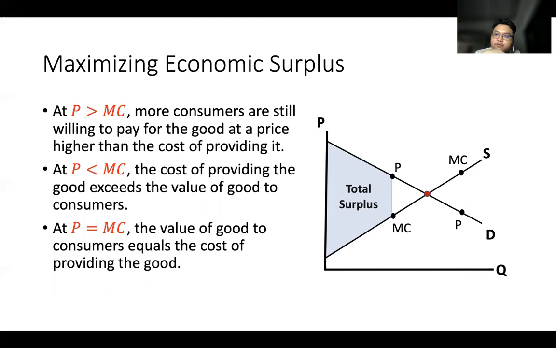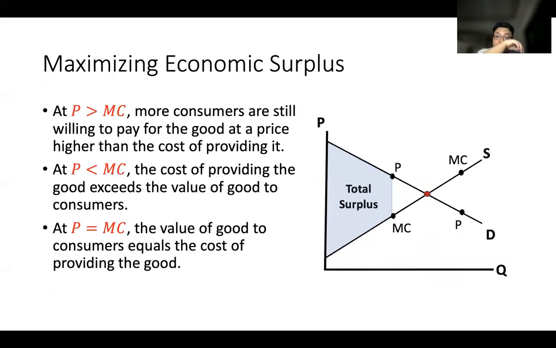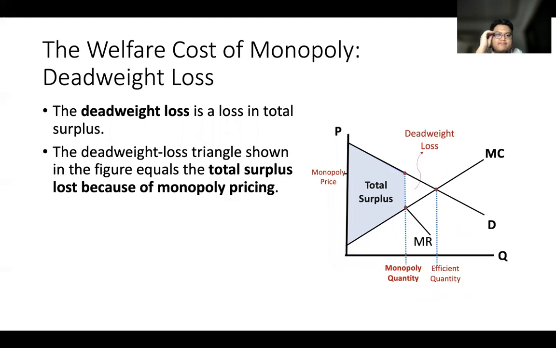Remember, the supply curve measures the value to the suppliers, the producers. At P equals MC, the value of the good to consumers equals the cost of providing the good. That's where total surplus is maximized. So the deadweight loss is a loss in total surplus. The deadweight loss triangle shown in this figure equals the total surplus loss because of monopoly pricing.